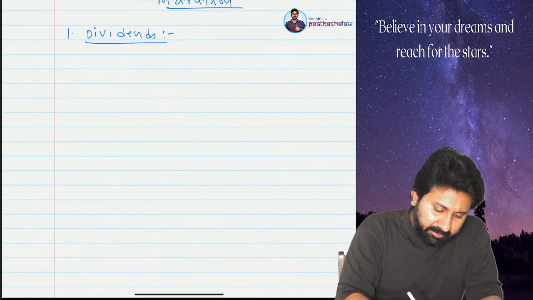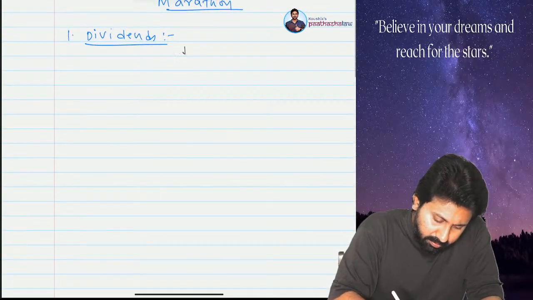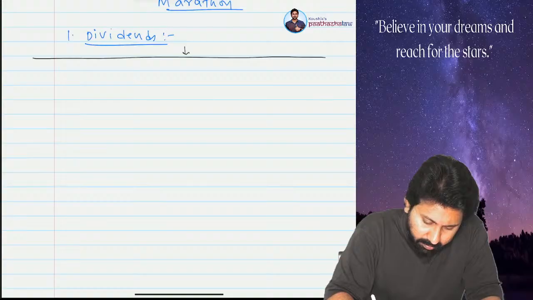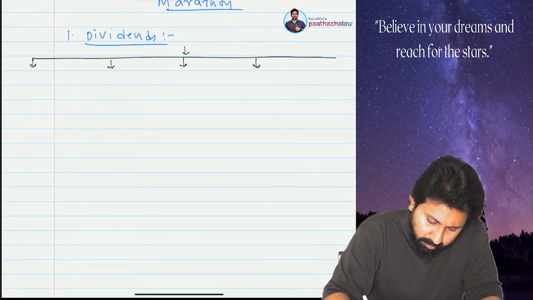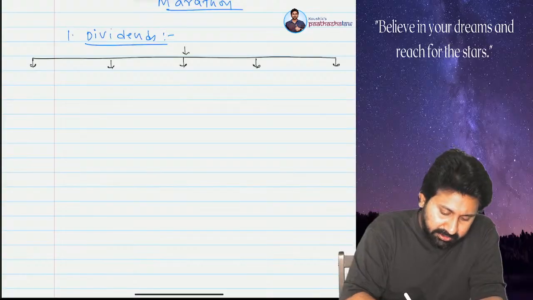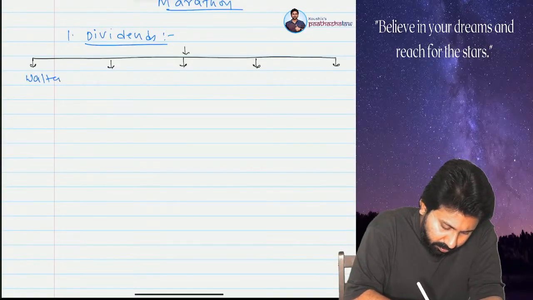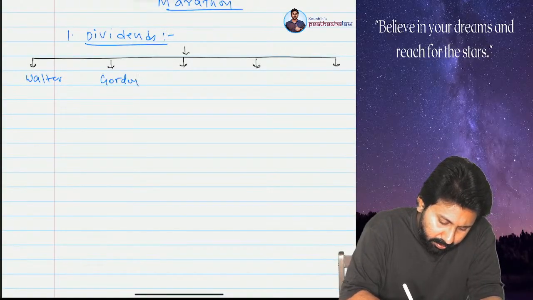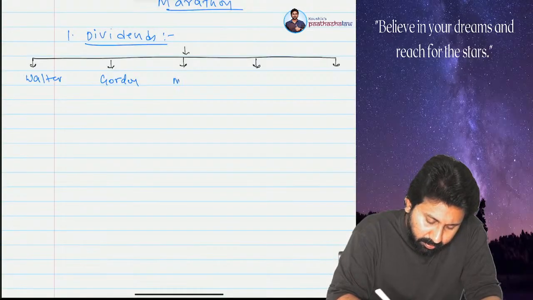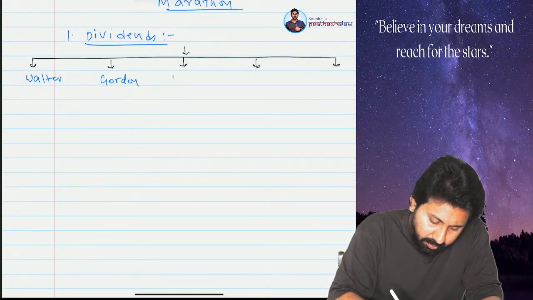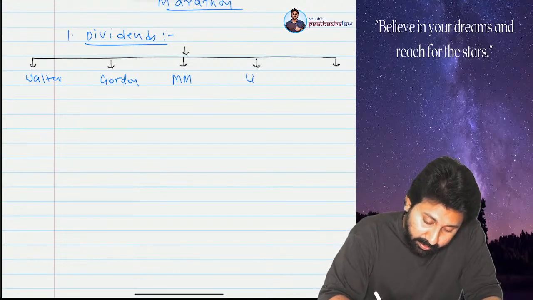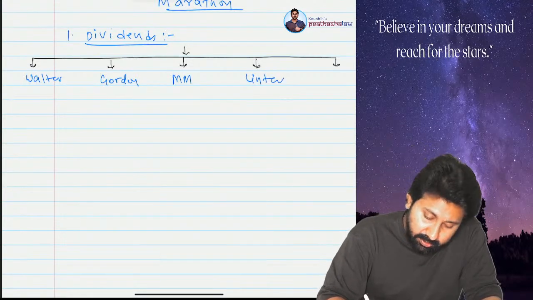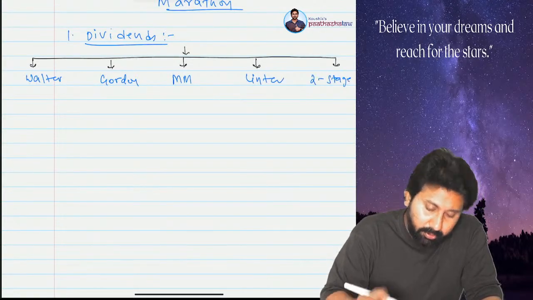In the dividends chapter, we have the following concepts: Walter model, Gordon model, next Modigliani-Miller model, next Linter's model, and the two-stage dividend model.